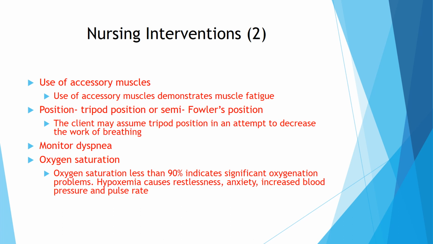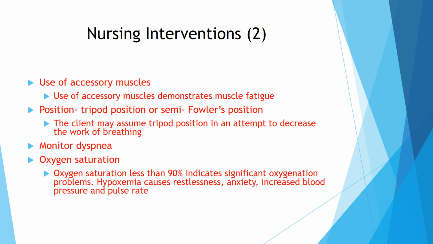The tripod position is where they want to lean over a table, lean over a chair. They want that hunchbacked breathing position because they assume that it helps them to breathe. So they may assume this tripod position in an attempt to decrease the work of breathing.